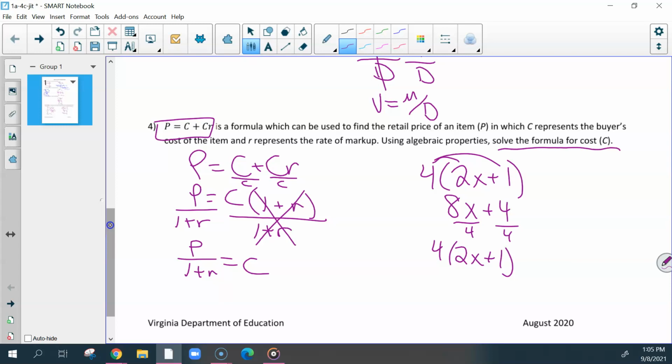It was 5. 5 plus 5r. There's a 5. I pull a 5 out. What times 5 equals 5? That's going to be 1. What times 5 equals 5r? It's just going to be 1 little r.